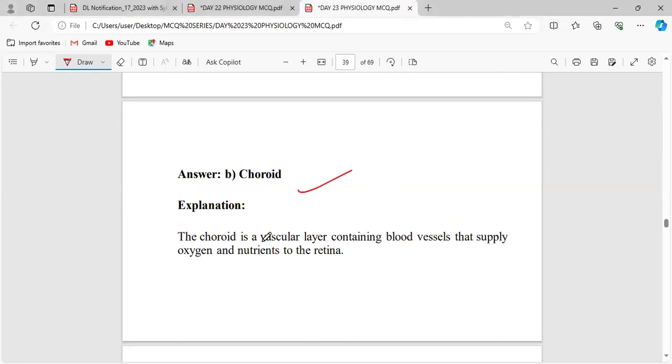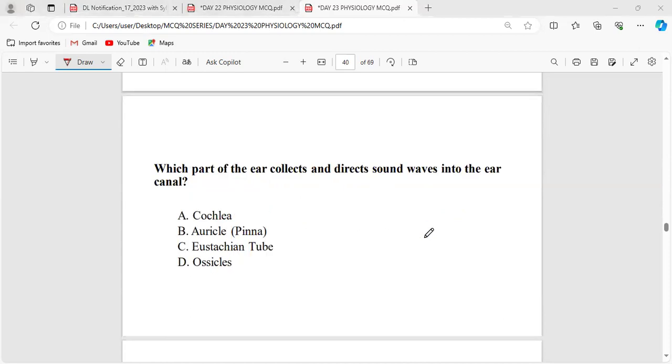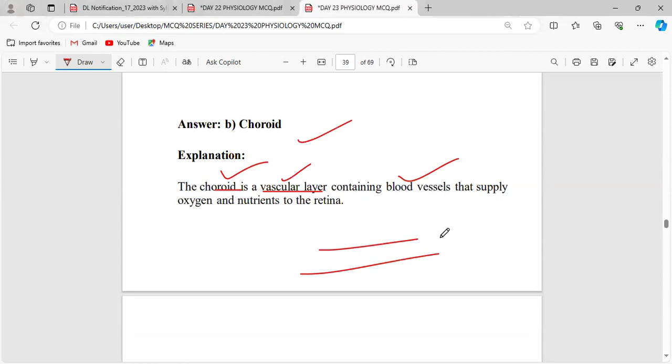It is a vascular layer, because it is provided with blood vessels, so oxygen and nutrients can be supplied. Everything can be transferred through the blood vessels present in the choroid. So we call the choroid a vascular layer, right? That's all about the questions related to the eye.